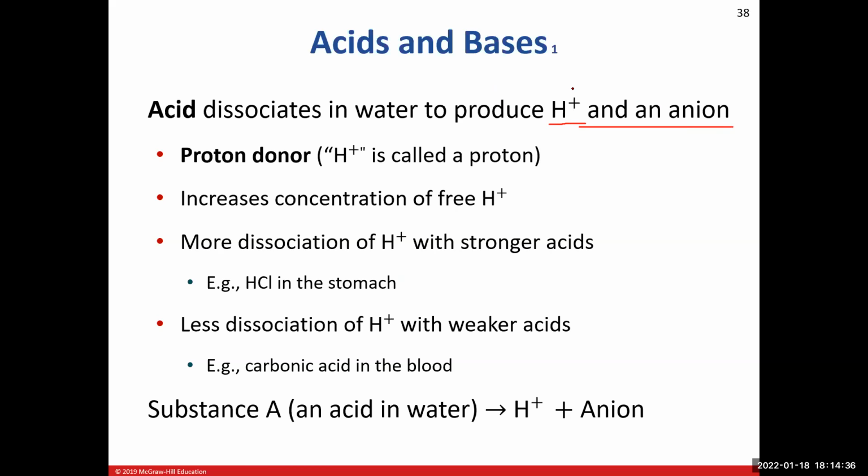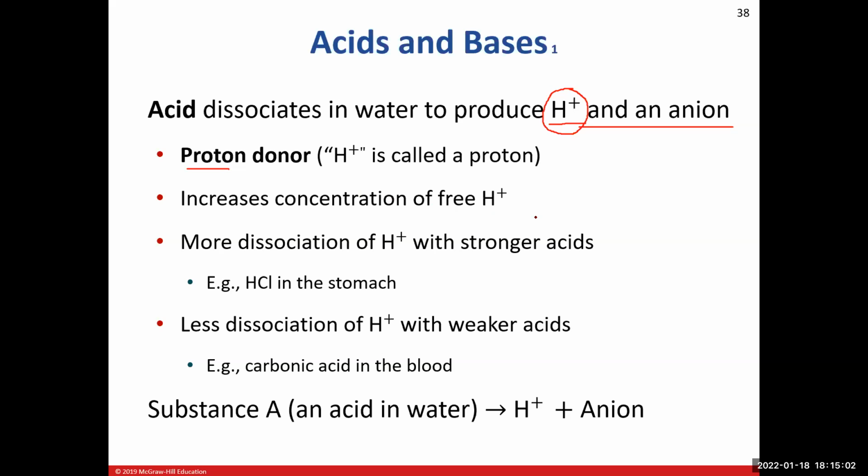Another name for an H+ is a proton. I know, go figure. We just talked about protons, neutrons and electrons, so this is something else you have to memorize. A proton is another name that we give the H+.